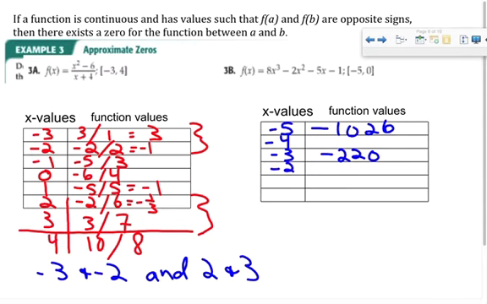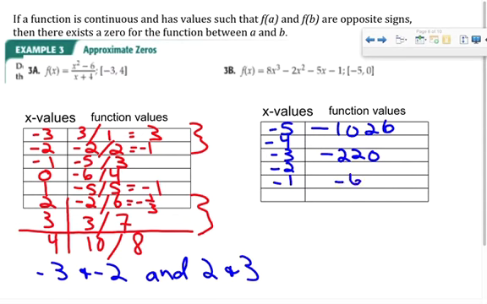So maybe I don't want to plug into negative 2 yet. Maybe I want to try negative 1. So I plug in negative 1. And I get negative 8 minus 2 plus 5 minus 1. And I'm getting warmer.